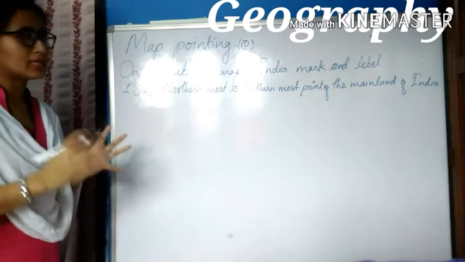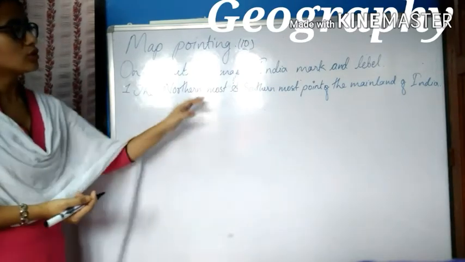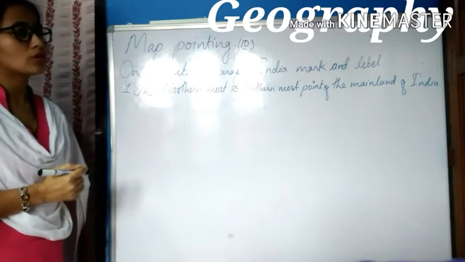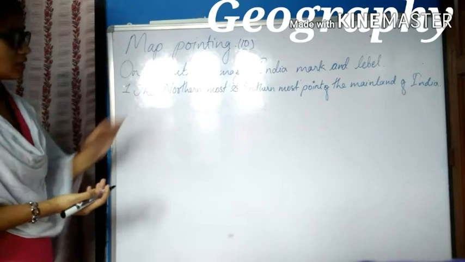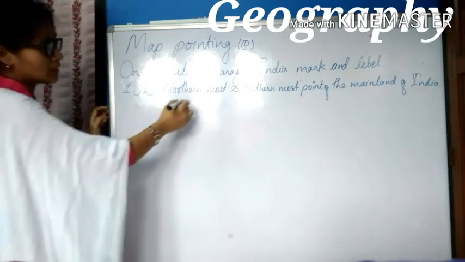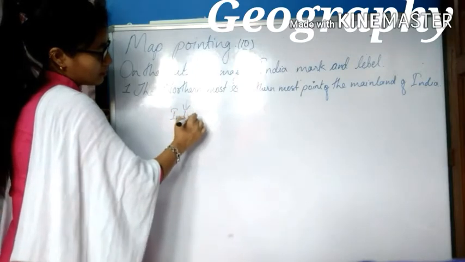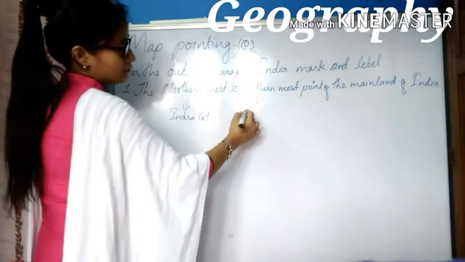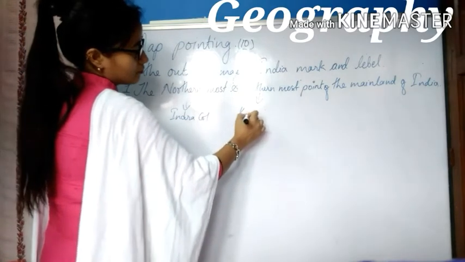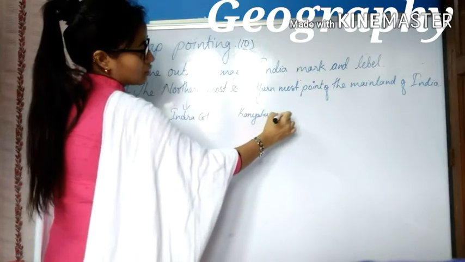the northernmost and the southernmost point of the mainland of India. So the northernmost point is Indrakol, and the southernmost point is Kanyakumari.